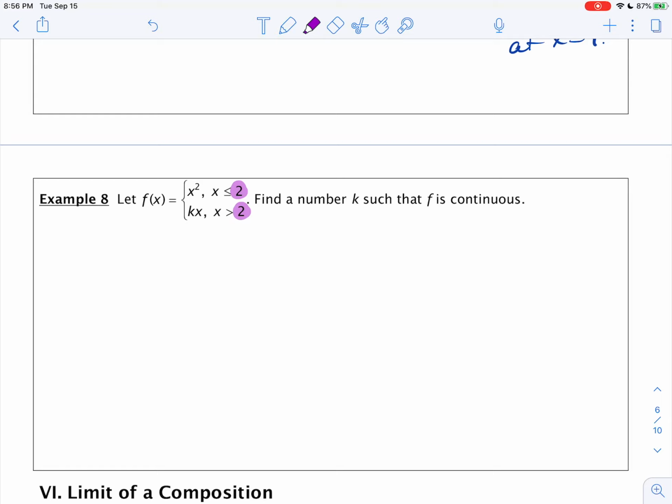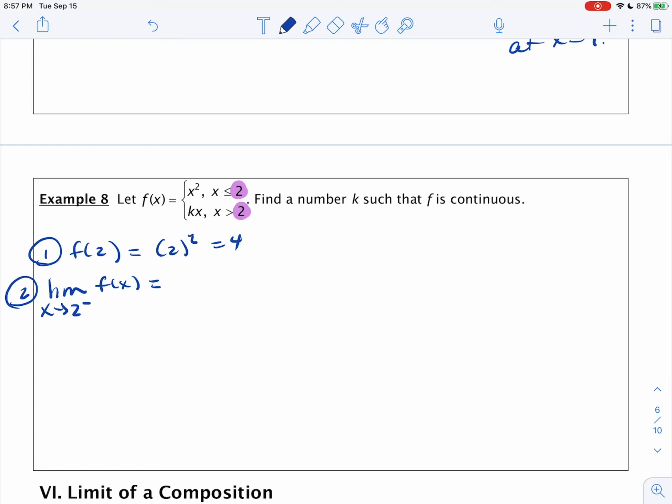But how can we ensure that they're going to be continuous? So we first want to make sure that the first criteria works. What is f of 2? F of 2, according to this, is going to be 2 squared, which is going to be 4. What is the limit as x approaches 2 from the left?